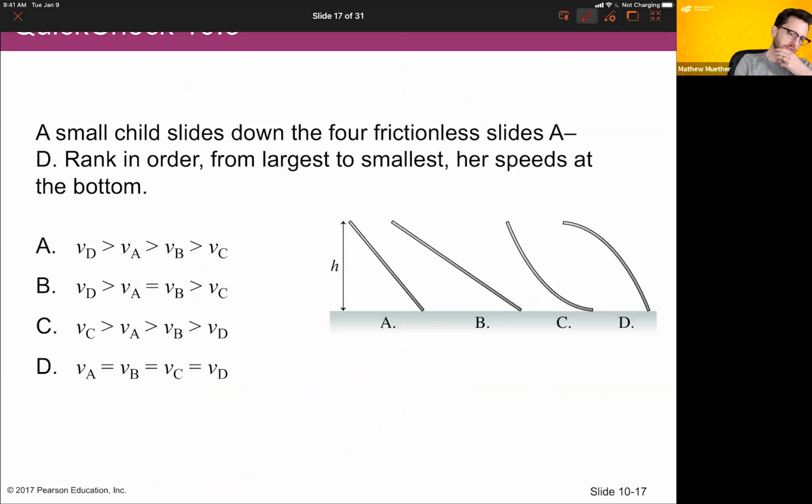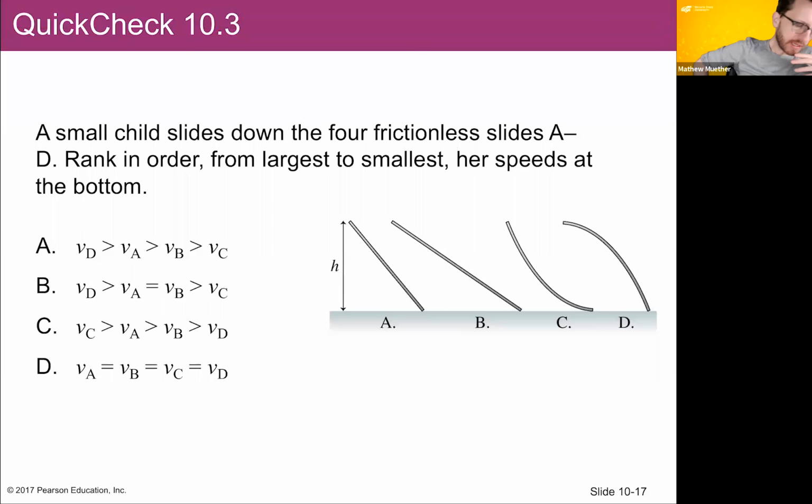Okay, let's try a few quick check problems to see how we're doing with this. So let's imagine that I have 4 different slides. They're all frictionless, and I'm going to send a child or an object down each slide. In each case, I'm going to start the object at the top of the slide with 0 initial velocity.